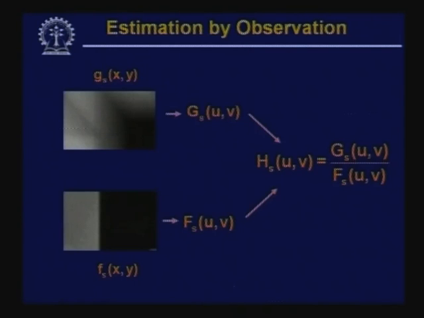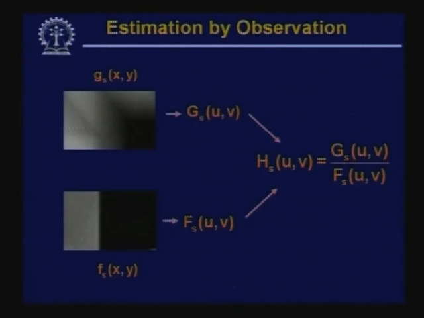So, we infer that if this is the degraded image, then the original image should have been something like this. And while constructing this approximate original image, you find that in this region the intensity value is maintained to be similar to the intensity value in this region. Similarly, in this region the intensity value is maintained to be similar to the intensity value of this. So, this is my f_s(x,y), and this one is my g_s(x,y).